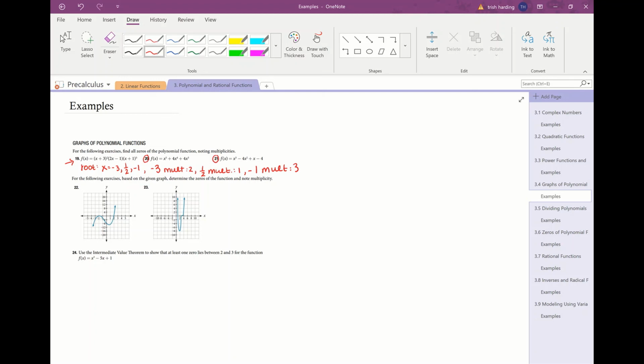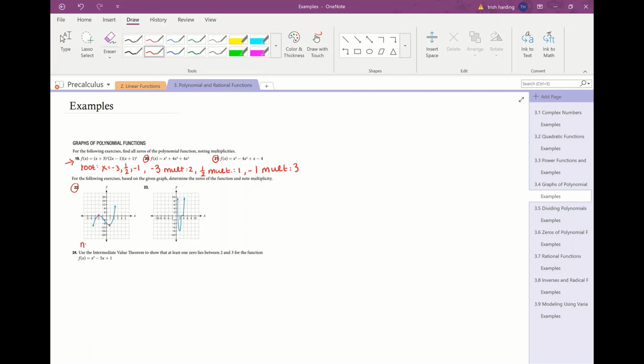All right. So for the following exercises, based on the given graph, determine the zeros of the function and note the multiplicities. So we're going to work on, we'll go with this one. So notice that we have 2 turning points.